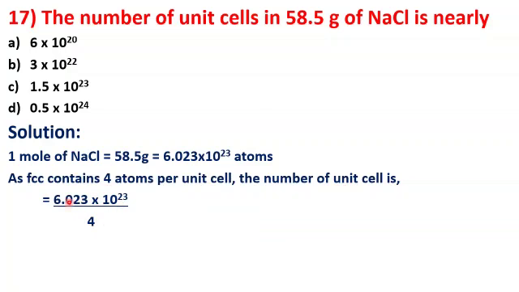So 6.023 into 10 raised to 23 divided by 4. So that is 1.5 into 10 raised to 23. Hence the correct answer is option C, 1.5 into 10 raised to 23.